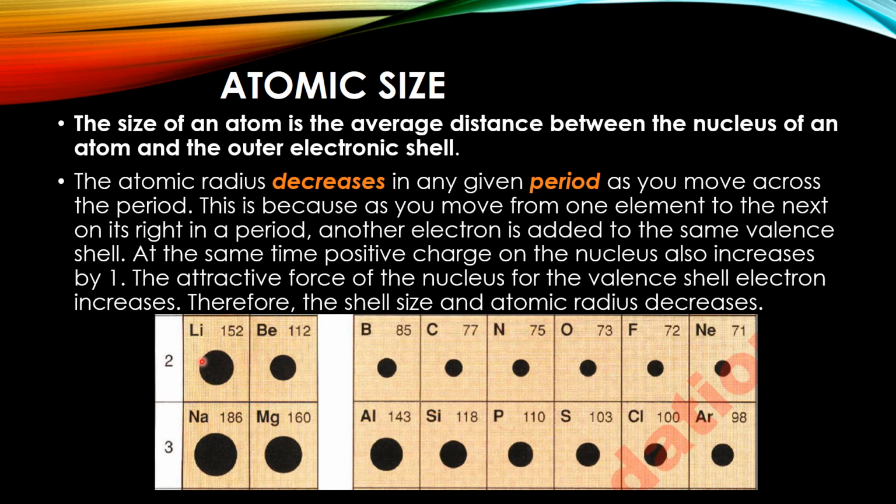Lithium has atomic number 3, beryllium atomic number 4, boron atomic number 5, carbon atomic number 6. So you can see that along the period atomic number is increasing. As the atomic number is increasing, it means the number of electrons and the number of protons are also increasing.